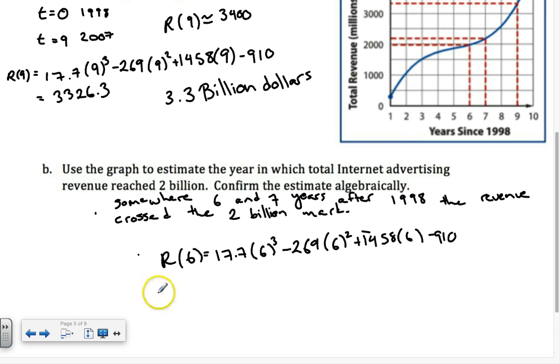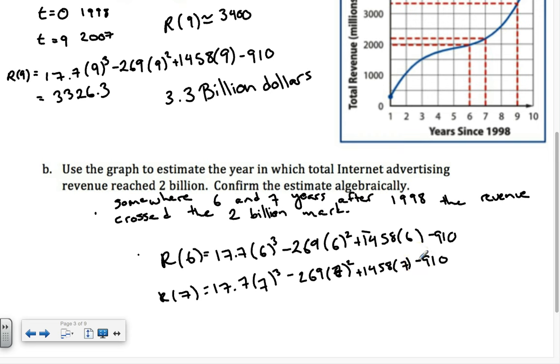And then I'll show you what I get for R(7), which should be more than 2 billion: 17.7 times 7 cubed, minus 269 times 7 squared, plus 1458 times 7, minus 910.